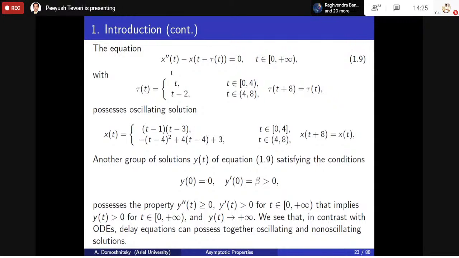But at the same time, we see that if we take an initial condition of the following sort, y(0) is 0, the derivative of y at 0 is positive, we obtain another solution that is non-oscillating, increasing and tending to infinity.